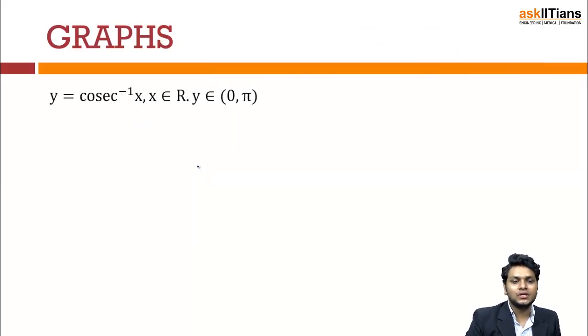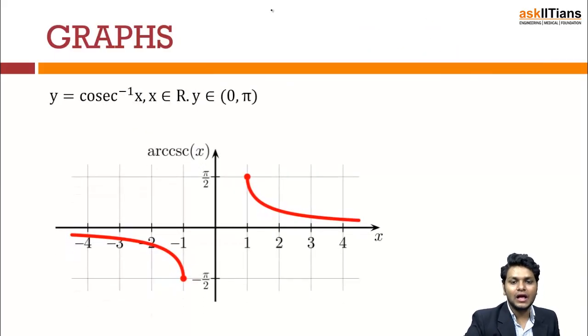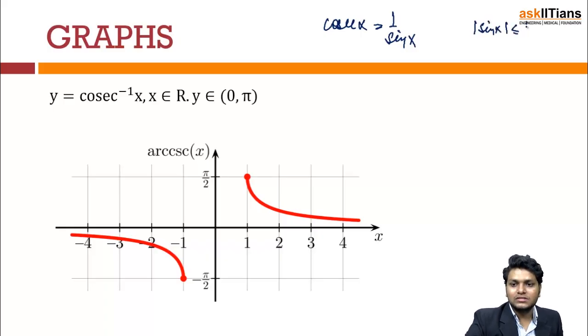Next will be cosec inverse x. As you know very well, cosec x is nothing but 1 over sin x. As mod of sin x is always less than or equal to 1, cosec x will never lie between these two values.